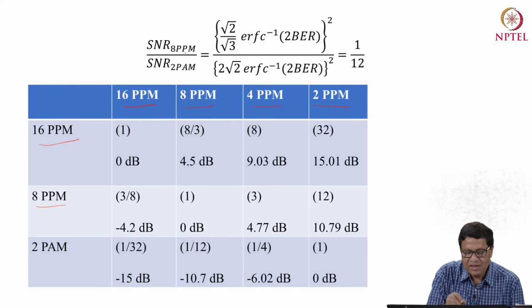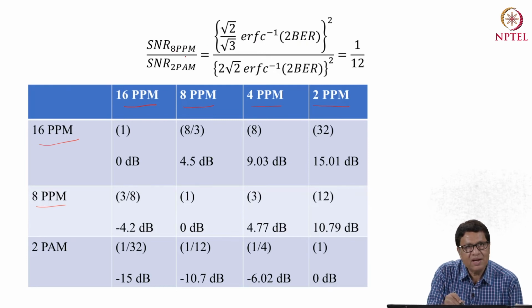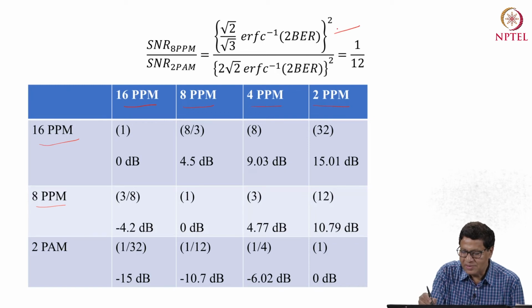So SNR for 8 PPM, you can get the expression from the earlier equation which I had given you in the last few slides. It was in the form of BER, but you can always calculate in terms of SNR. So SNR for 8 PPM from those expressions is given by this.